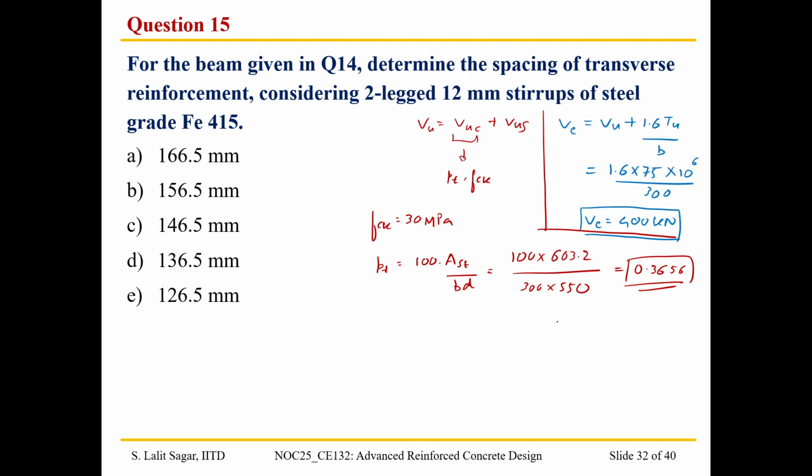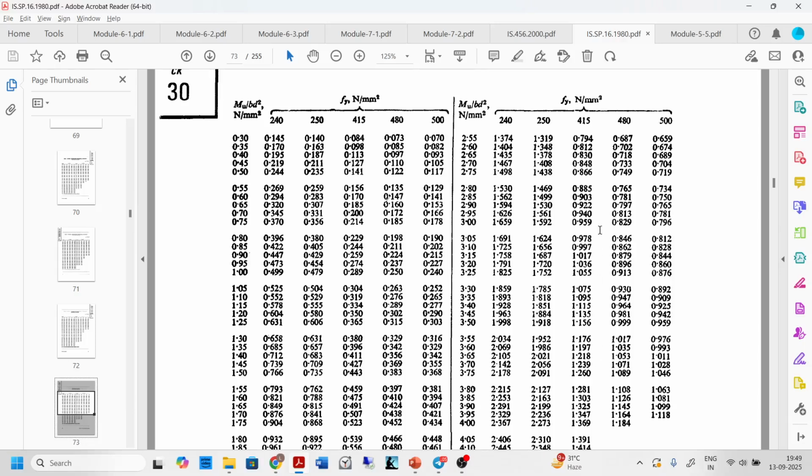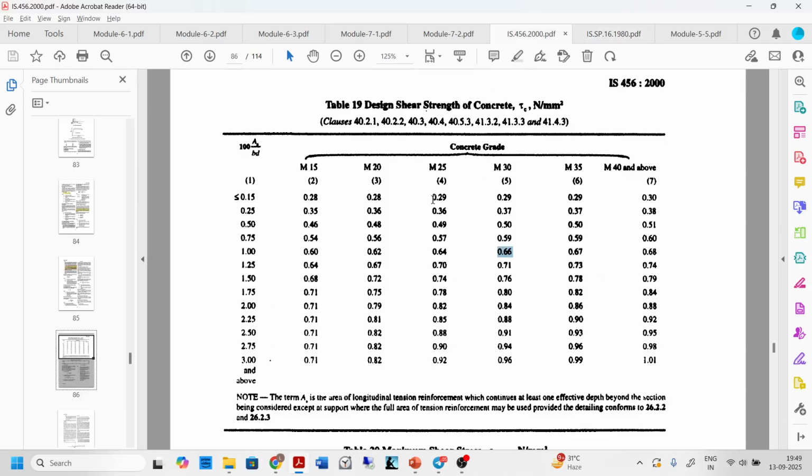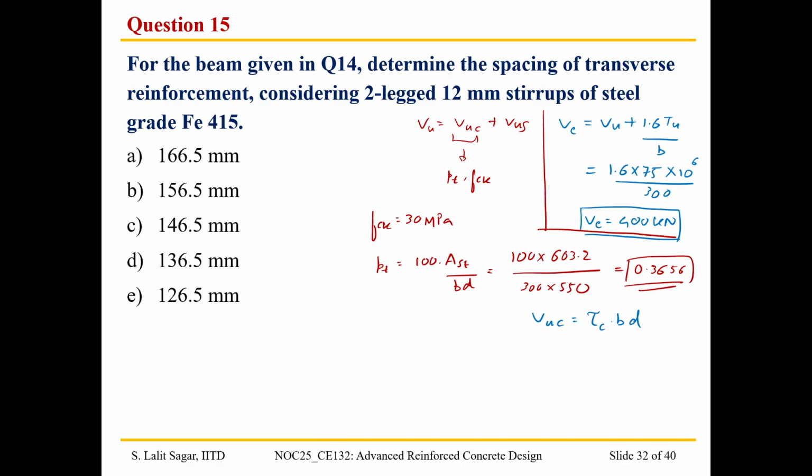Now let us go back to calculate the value of Vuc. Vuc is equal to tau c into BD. Corresponding to 30 MPa and Pt of 0.3656, let us look at IS 456. It has to lie between the values of 0.37 and 0.50. So I'm getting a value of tau c as 0.43 MPa.